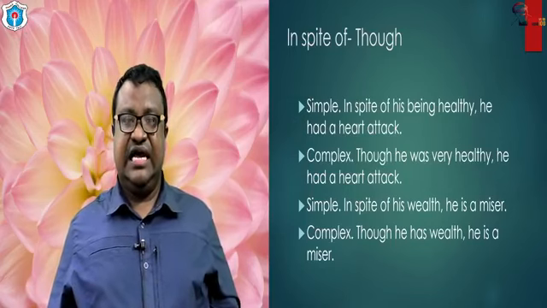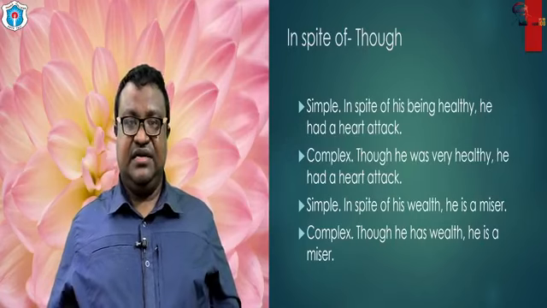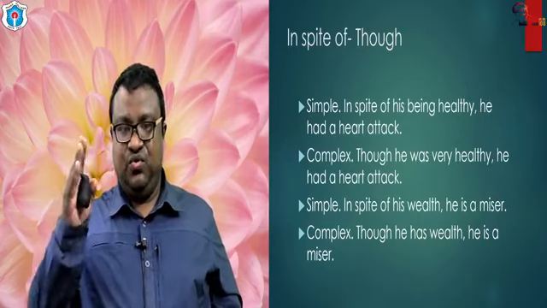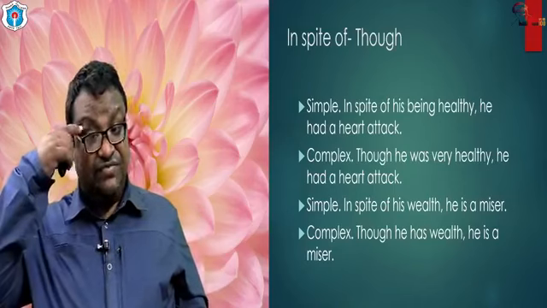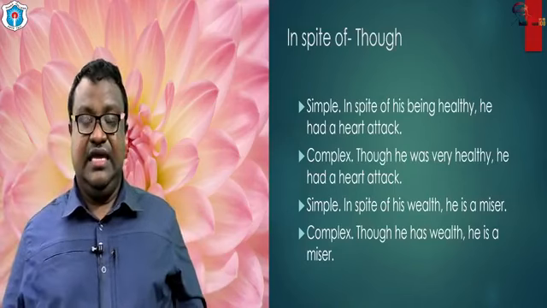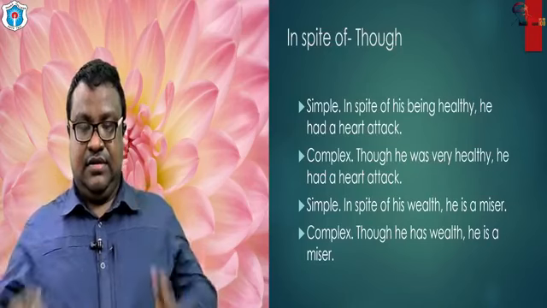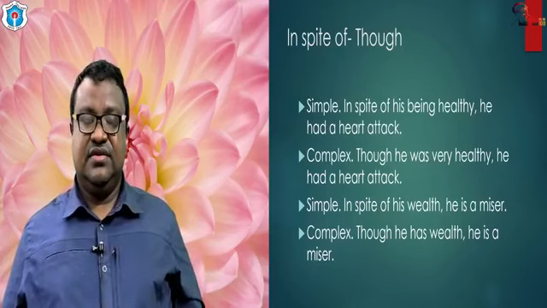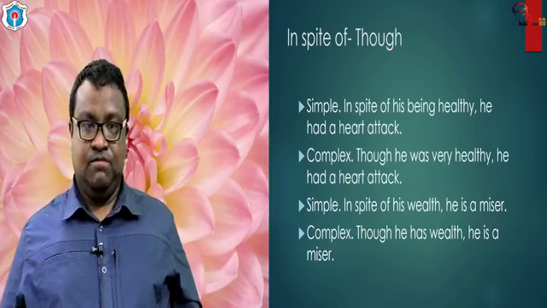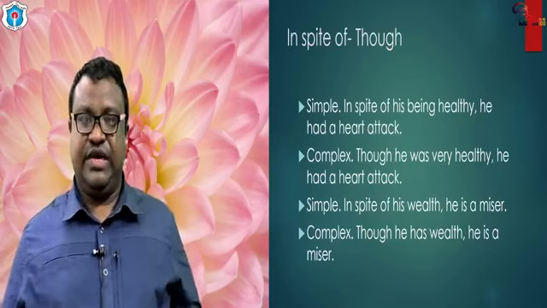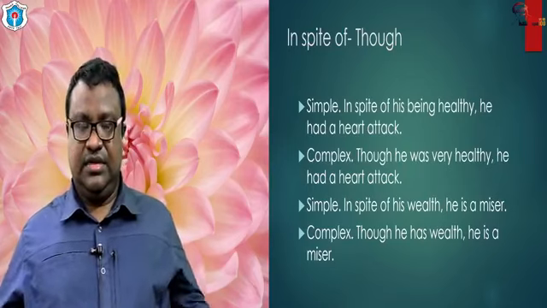If the clause with in spite of is dealing with an adjective, then of course there will be an auxiliary verb like being. Always, it will be there when we are dealing with an adjective.